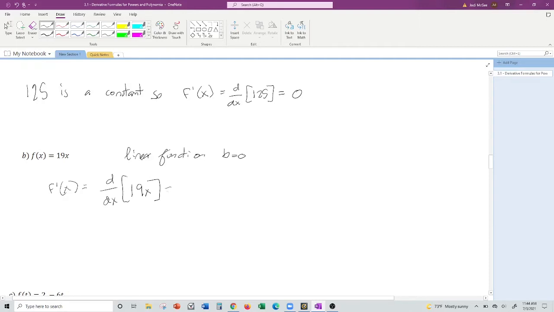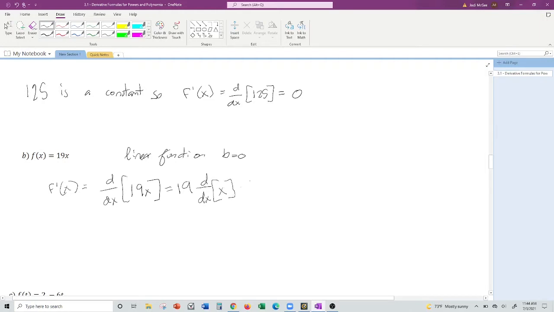So our constant multiple rule says that we can pull this 19 out front and say that this is the same thing as 19 times the derivative of x with respect to x.